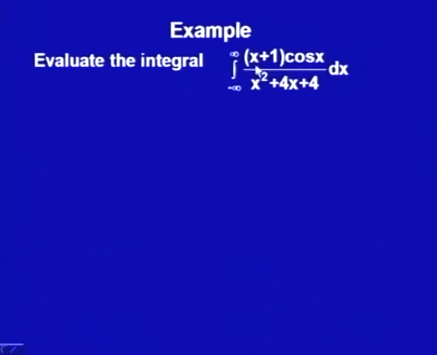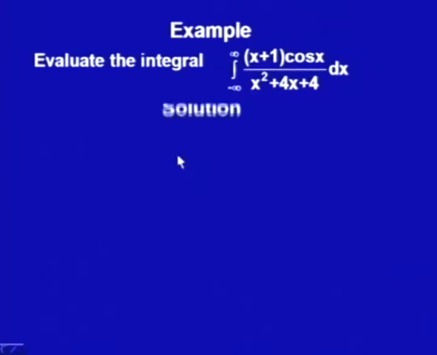The function f x here is x plus 1 upon x square plus 4 x plus 4, that is, a rational function p x upon q x. Both p x and q x are polynomials. p x is a polynomial of degree 1, q x is a polynomial of degree 2. q x is not having any real zeros.